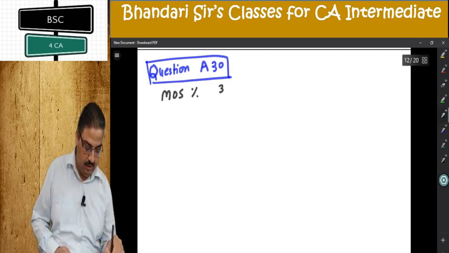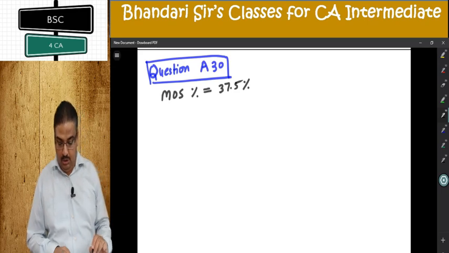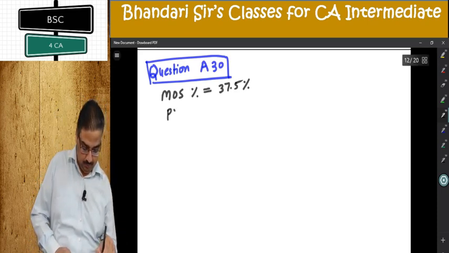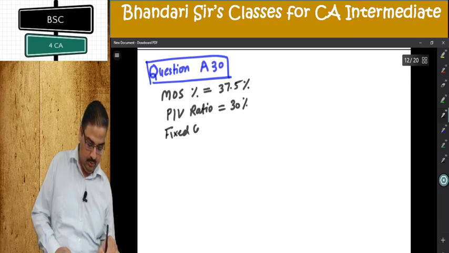Contribution to sale ratio 40%. What is this PV ratio? Fixed cost rupees 5 lakh.